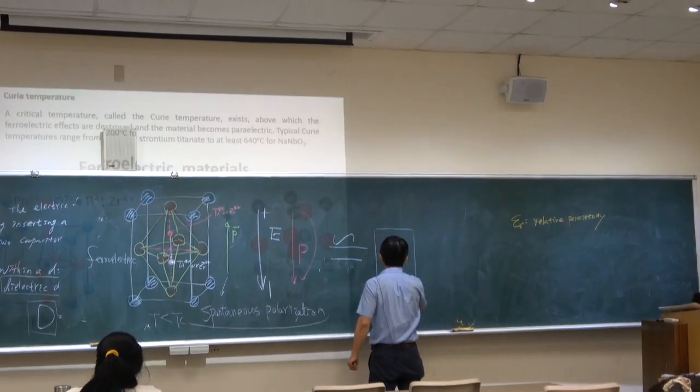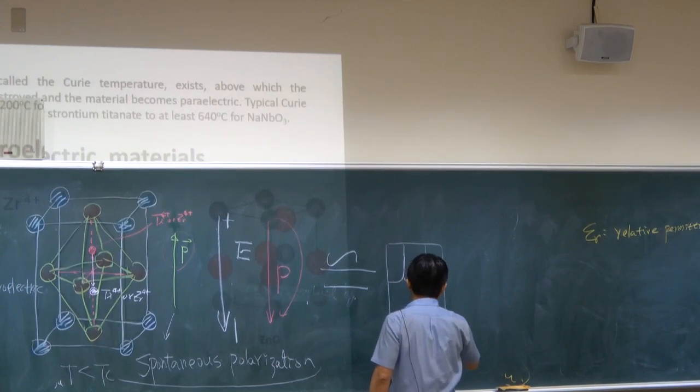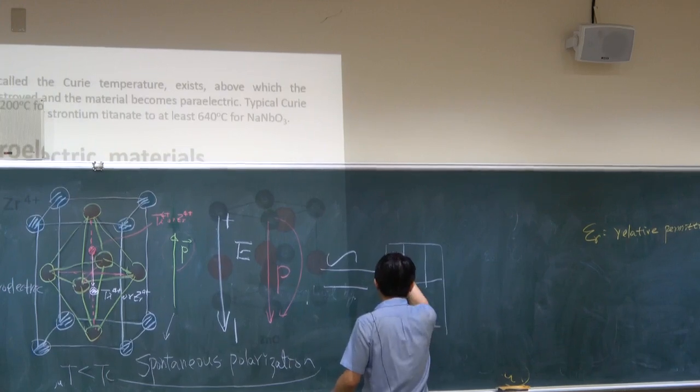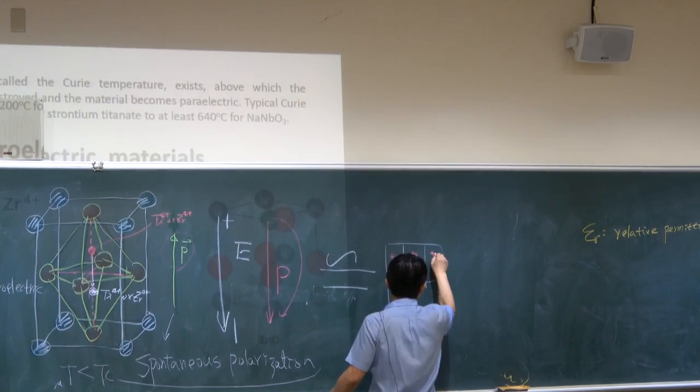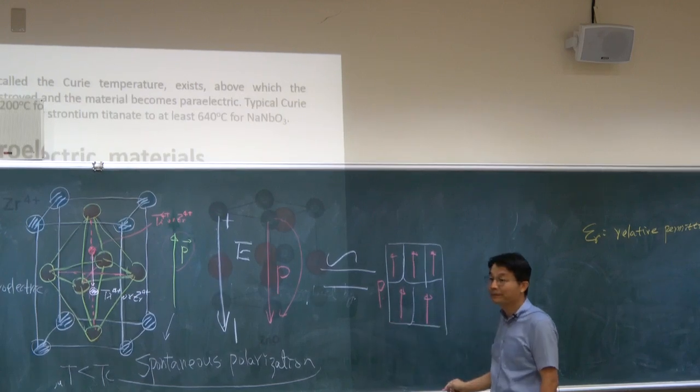If you have the materials domain, for example, the materials domain looks like that. P, P, P, for example, you have this P, right?